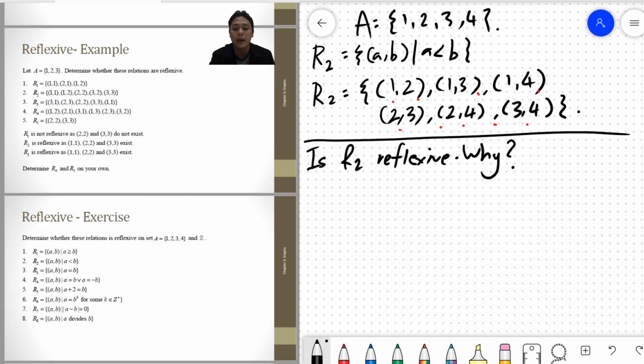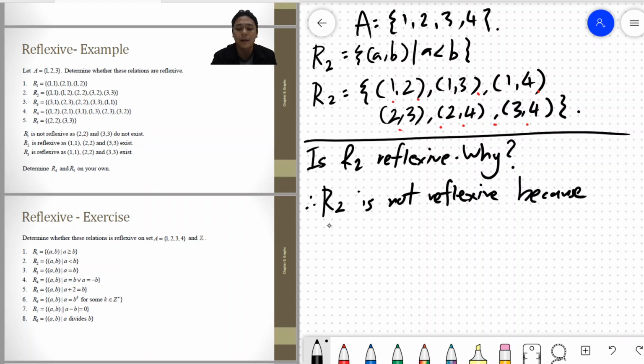Based on our counter example argument, it is conclusively seen that R2 is not reflexive because there does not exist (1, 1) inside R2.